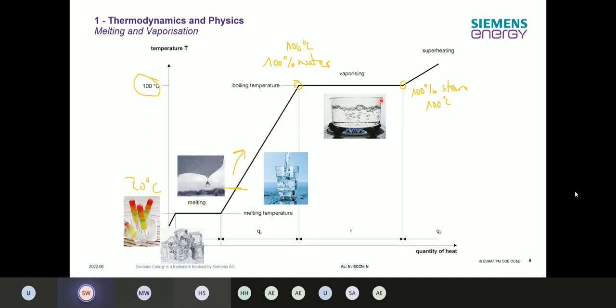So you have water droplets, and water droplets on a running turbine are of course really bad. So over here, you have the superheated steam in.